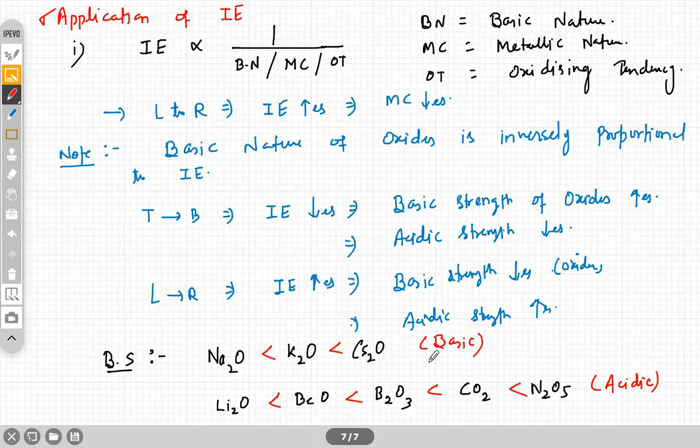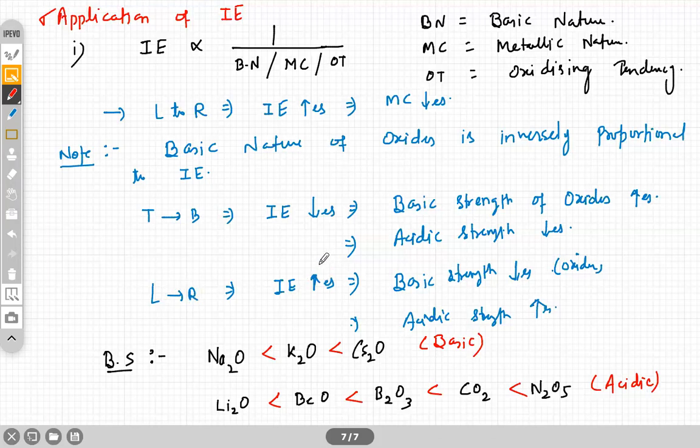It is not the atom. This is not beryllium, guys. This is BeO. For oxides, I have written here.